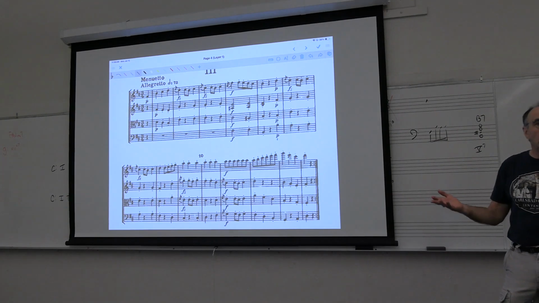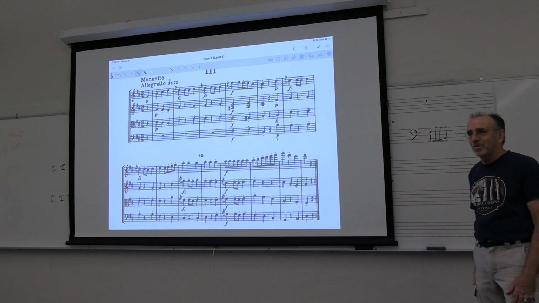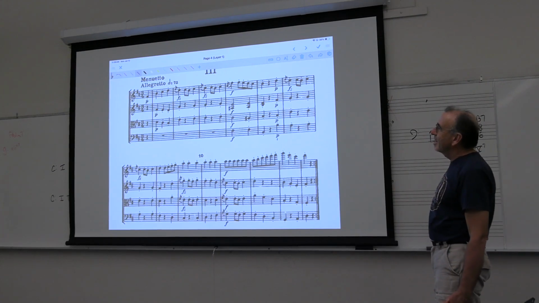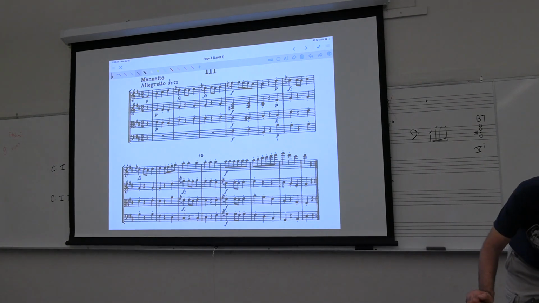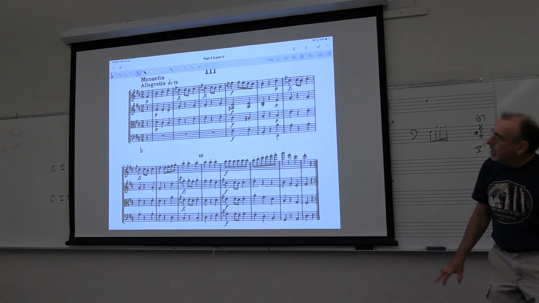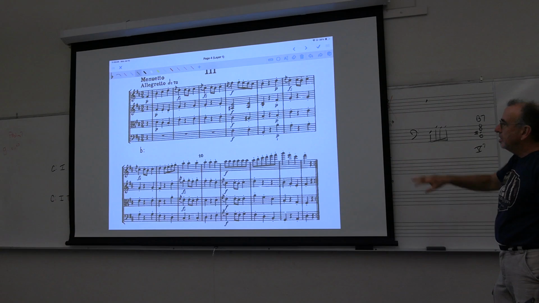So don't start in B minor and say, well, maybe it goes to C sharp minor for some bizarre reason. No, it's probably not going to happen. Okay, so we're going to start out in B minor, and we'll start looking for clues as we get closer to D major as to what's going on there.